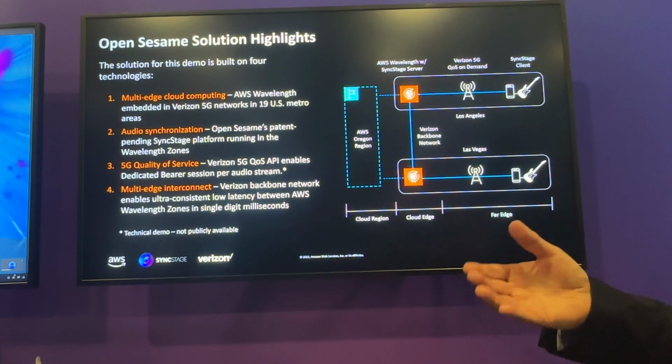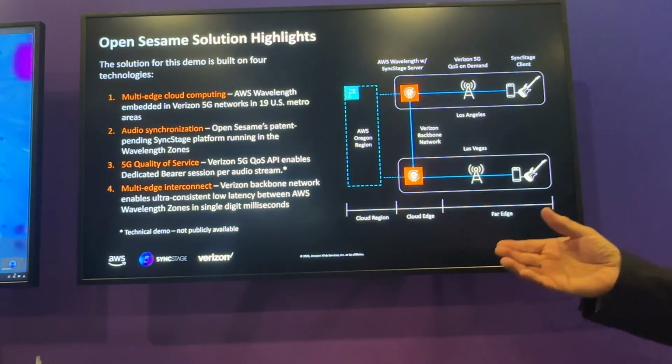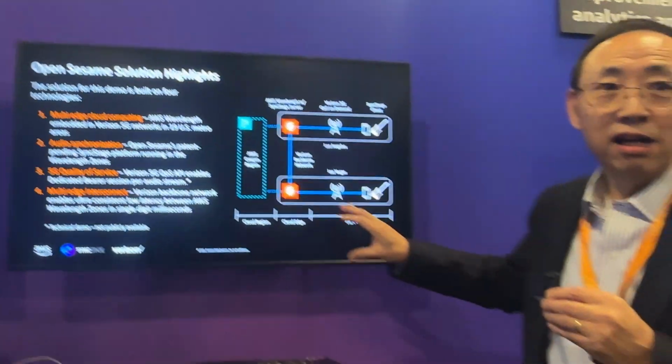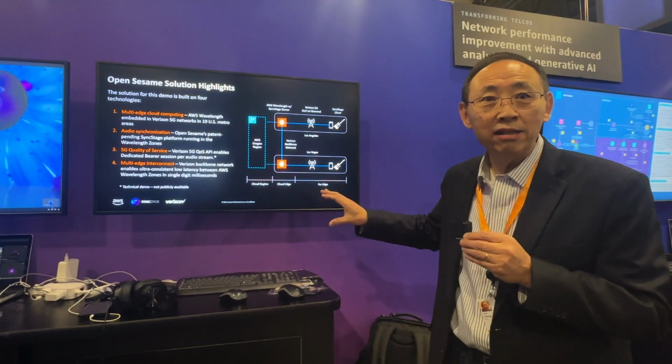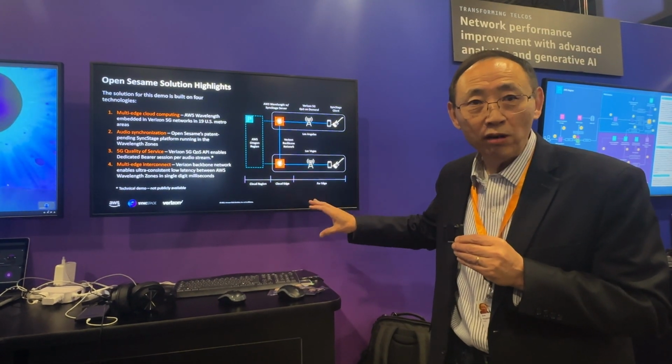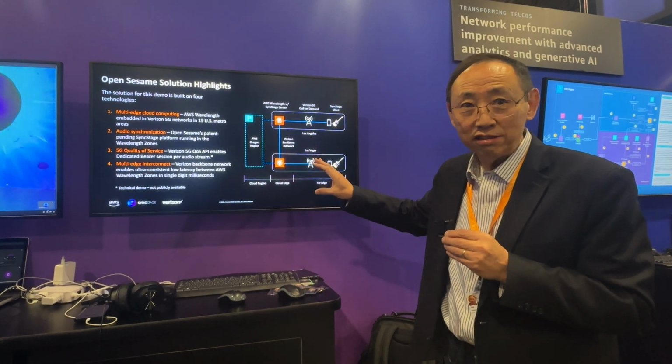First of all, we have multi-edge cloud computing, where in this diagram you see AWS Wavelength Zones deployed in the Las Vegas metropolitan area. The other Wavelength Zone is in Los Angeles.